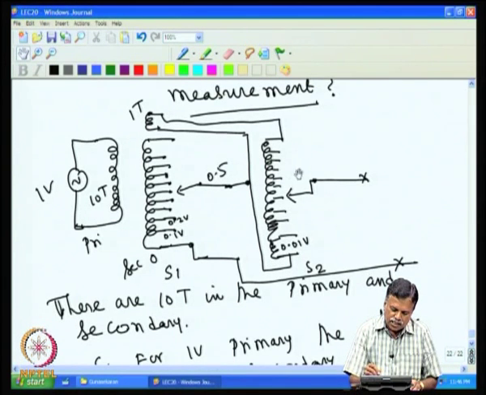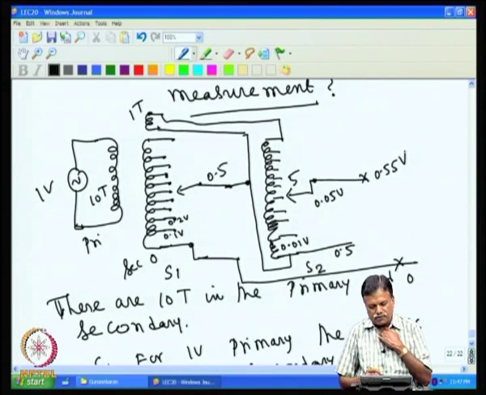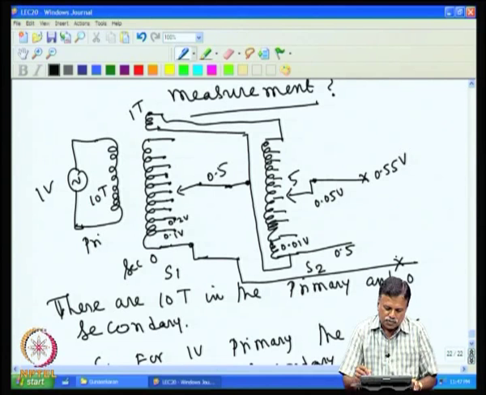And if this is sitting at the fifth winding, then assume that this is also at fifth, then this voltage is 0.05, where each one is 0.01. So, it is at the fifth terminal. So, the voltage across this comes to be 0.05. That means, if I take this as 0, then this is sitting at 0.5 and this is 0.05. So, this will be 0.55 volt. The voltage at this point becomes 0.55 with respect to this point.